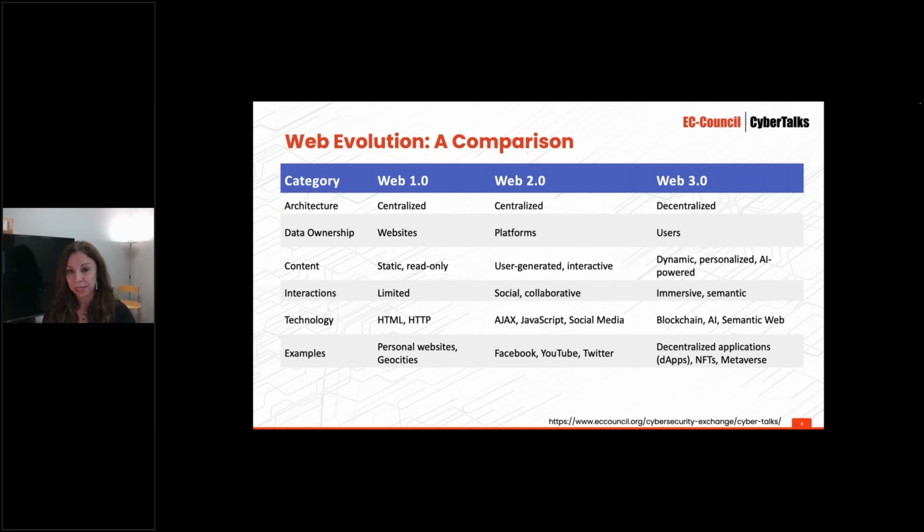We won't spend a lot of time. You can look for yourself. But in the next few slides, we will look into the Web3 ecosystem of some examples of decentralized applications. The term dApps is referring to these decentralized applications that are running on top of Web3 technologies.